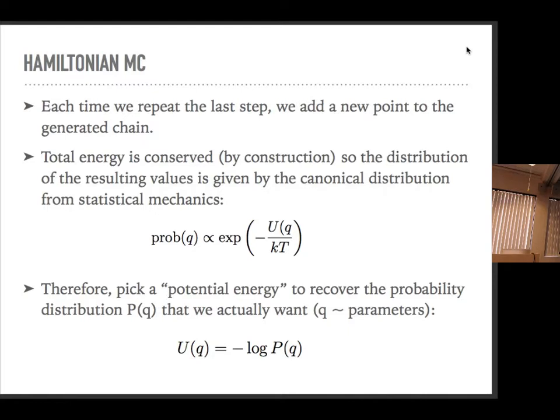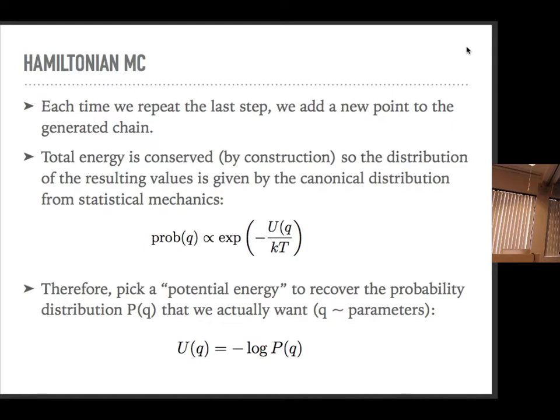So the way we pick U is we're going to create a potential energy, in quotes, that gives us the probability distribution we actually want to recover. We'll pick U equal to the negative of the log of the probability that we actually care about. Okay.